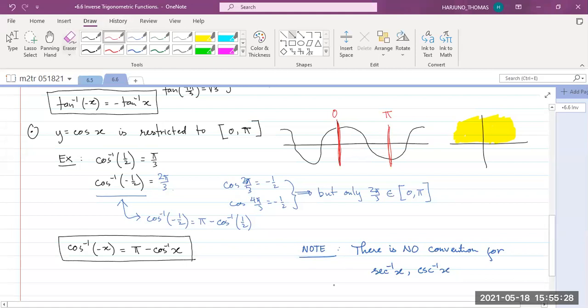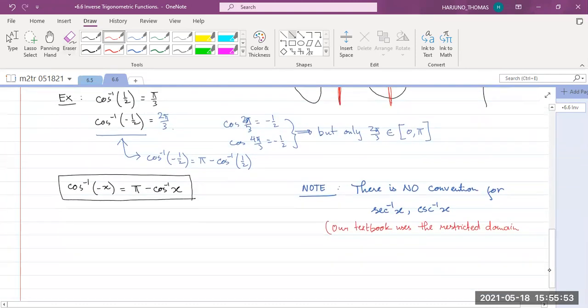Our textbook uses restricted domains that are not by convention.